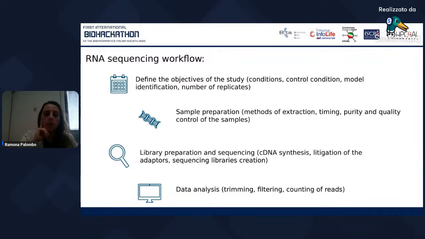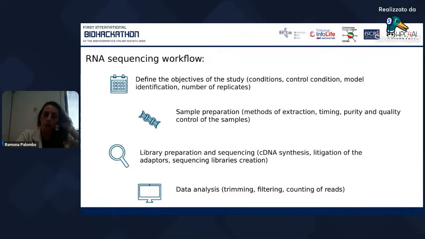But maybe, I don't know, there could be a problem in the other lung, or maybe the tissue that I can collect is not very similar to the tissue that is affected by the tumoral growth. So these are simple questions, but I have to answer them before starting with the RNA sequencing analysis.